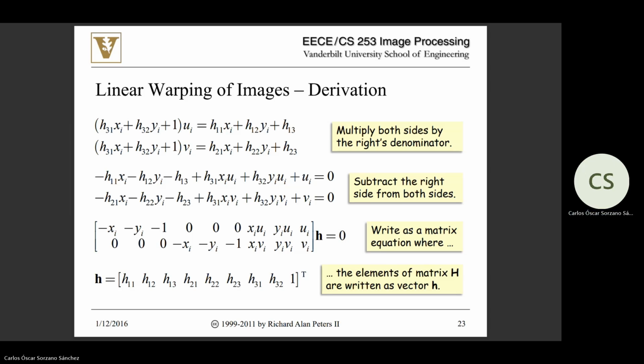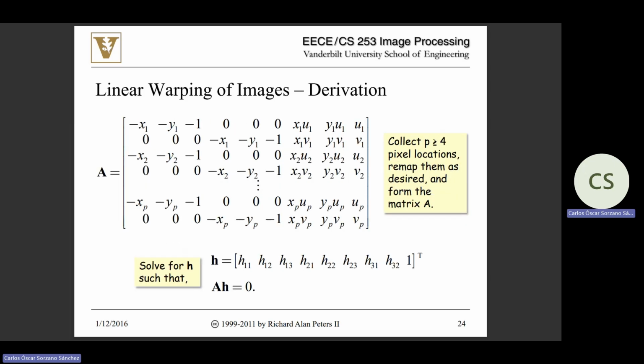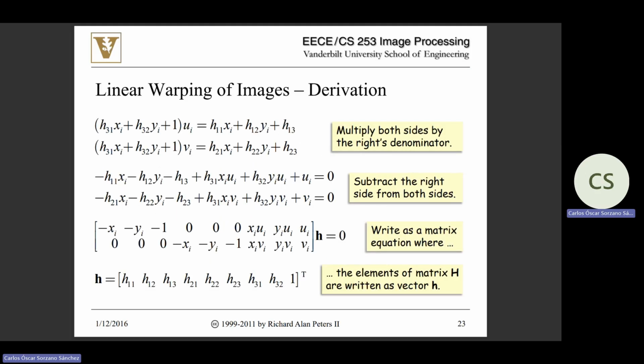Okay, and that is for a single point. But now we have many points. So if you have many points, now you have all those points. So now what we have is to solve for h in this equation system. A times h is equal to 0, because the right-hand side in all these equations is 0.